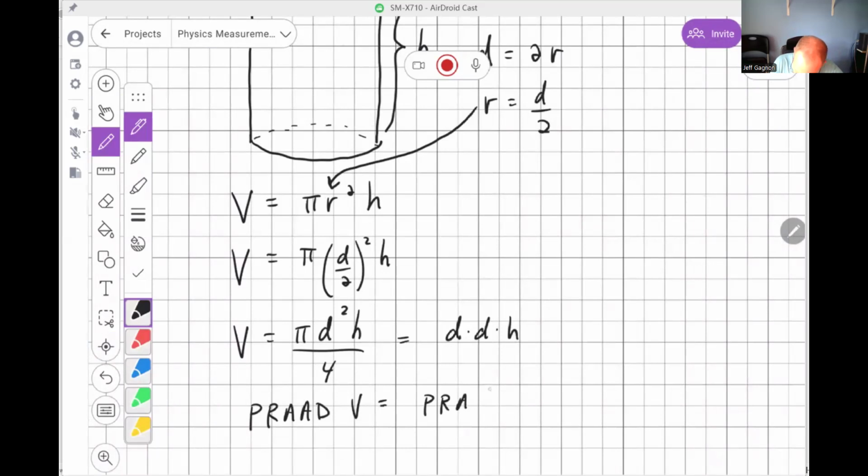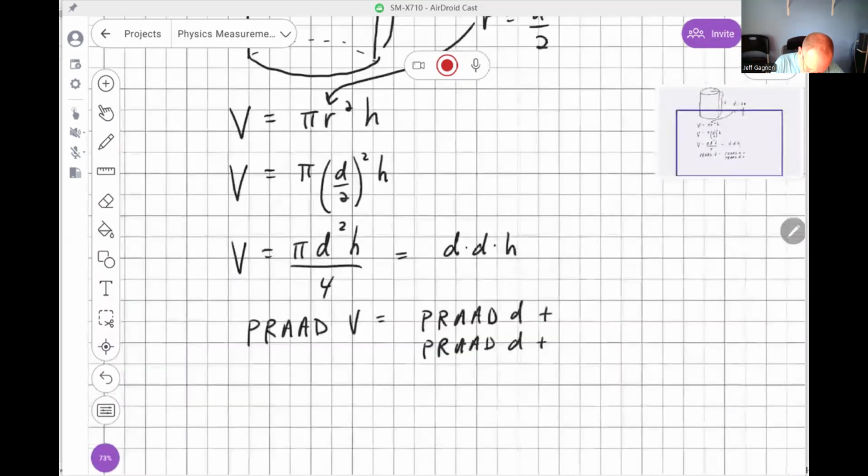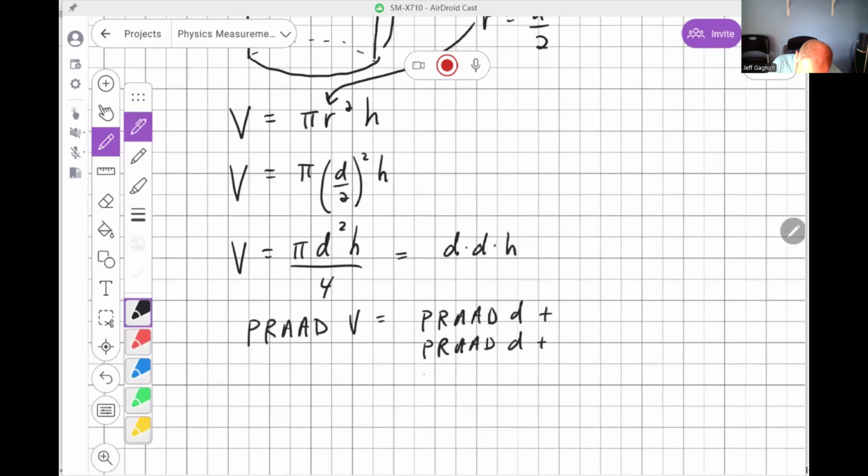So basically, the prad for volume is going to be the prad for diameter plus the prad for diameter plus the prad for height. And that will give you the prad for volume.